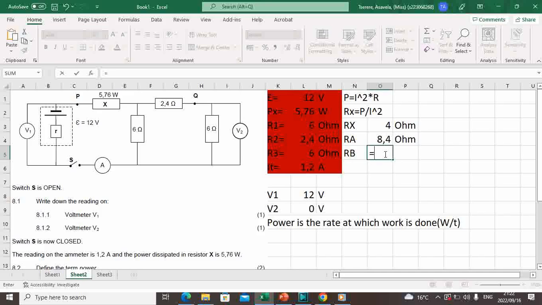RB is equal to RA multiplied by R1, which is 6 ohm, divided by the sum of these two resistors.